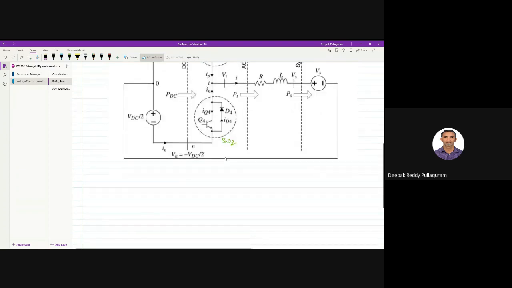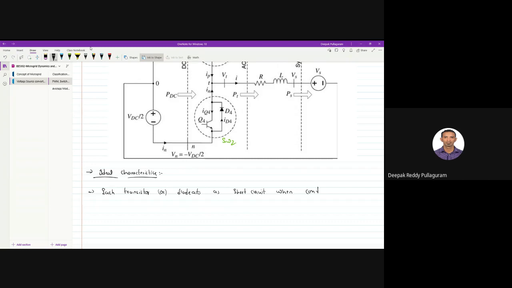Now we will take a few assumptions. We'll go with the ideal characteristics. The first assumption is that each transistor or diode will short circuit immediately when the switch is there, when in conduction mode.